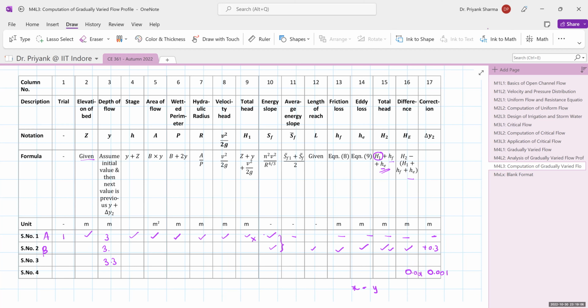So this is how your standard step method works. This is a bit complex because it involves a lot of trial and error. So that is why, unless it is required for non-prismatic channels, you will use direct step method only. Standard step method is very complex and very tedious because it may involve a lot of trials.